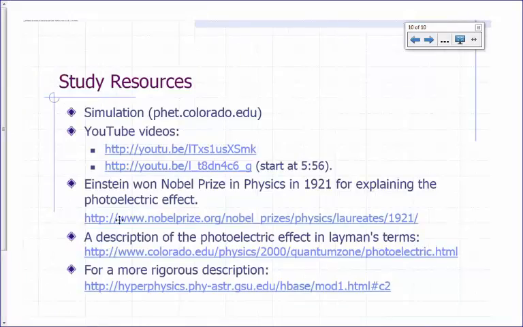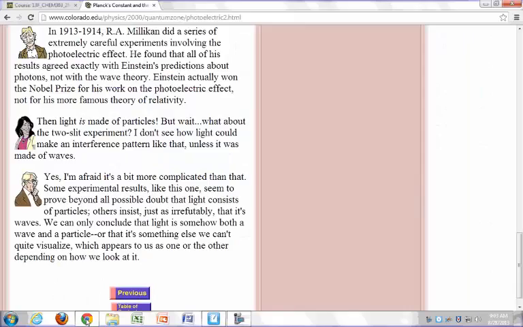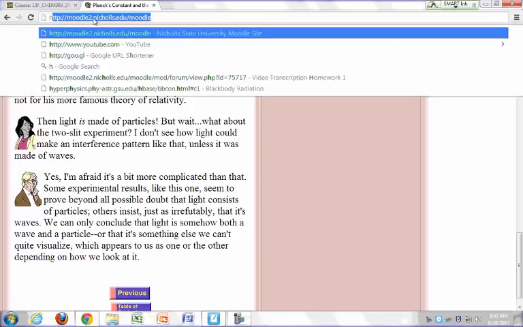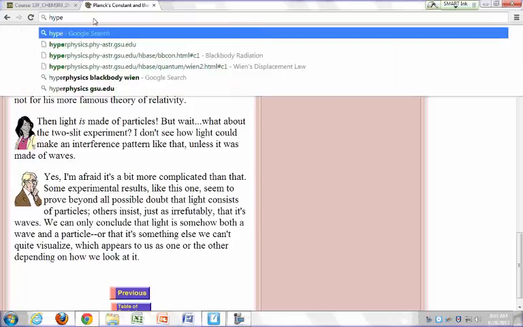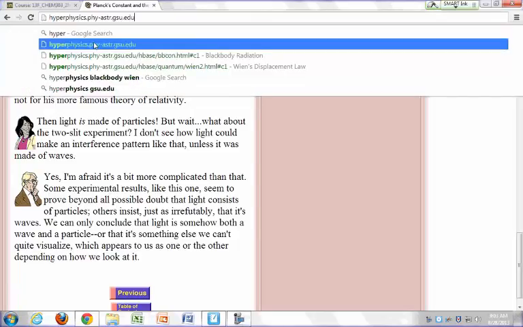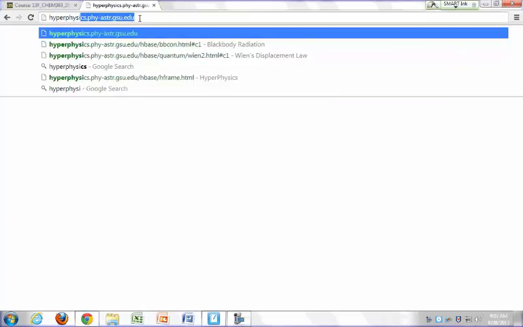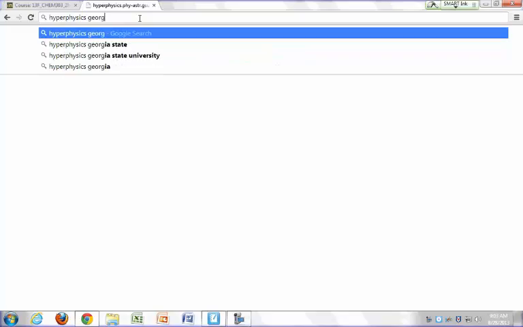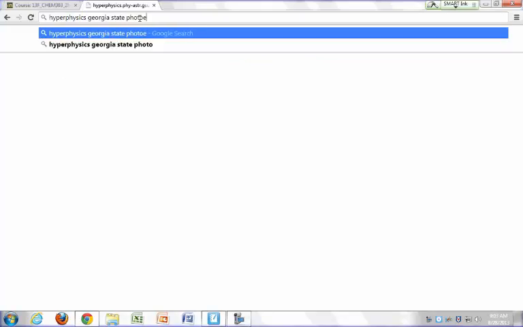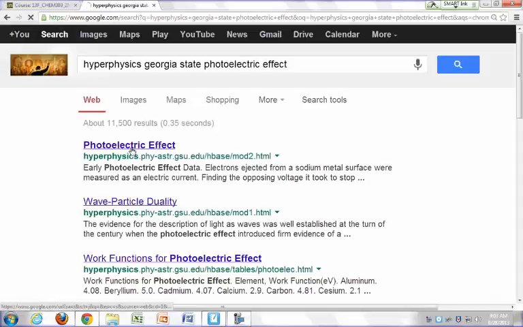And there's an article here at nobelprize.org about the Nobel Prize that Einstein won for his work on the photoelectric effect. And if you want a more rigorous description of the photoelectric effect, there's the Georgia State site, HyperPhysics. Just do a search for that, and you should be able to find it.